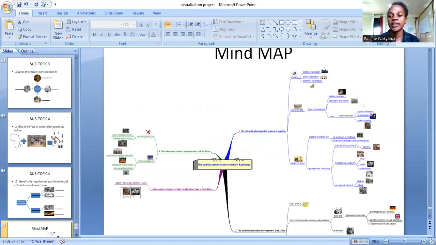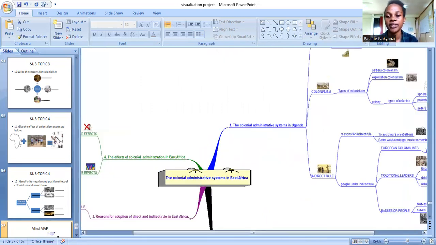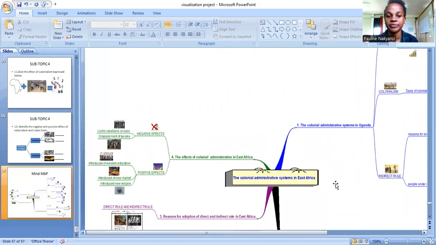And lastly, this is the mind map that I developed for my topic, the colonial administrative systems in East Africa. The first hand has the colonial administrative systems in Uganda.